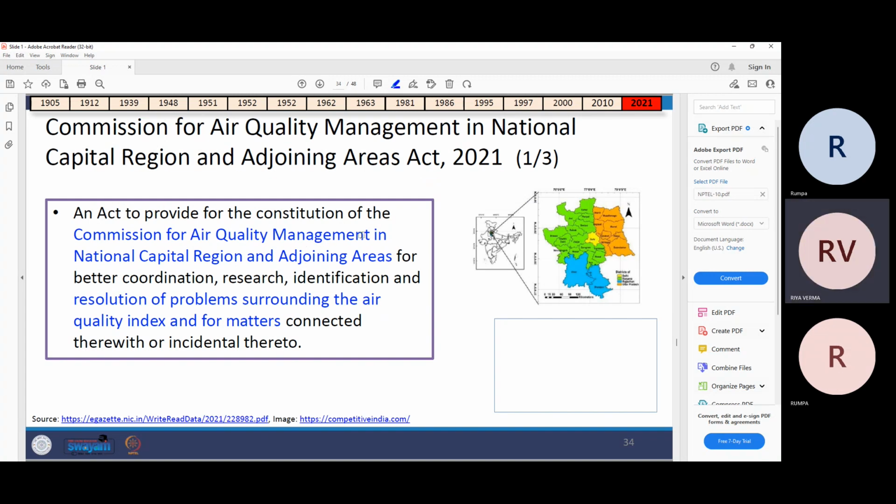So basically, what is this Commission for Air Quality Management in NCR region that was published in 2021? An act to provide for the constitution of the Commission for Air Quality Management in NCR regions for better coordination, research, identification, and resolution of problems surrounding the air quality index and for matters connected therewith or incidental thereto.